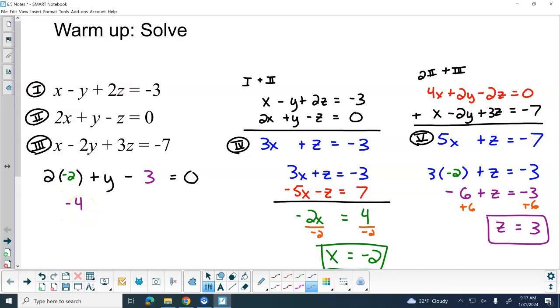Oops, that's right, that's purple. I want purple. Negative 4 plus y minus 3 equals 0. That gives me y minus 7 equals 0. That gives me y equals 7.